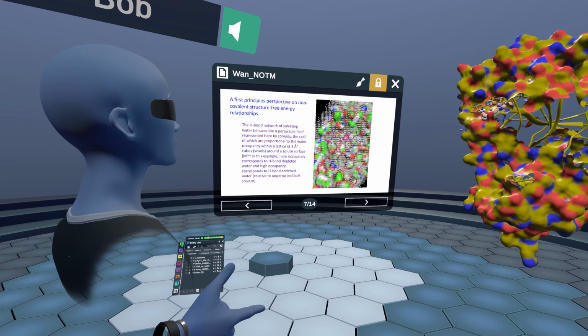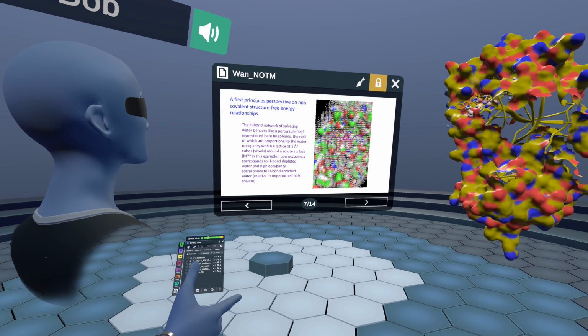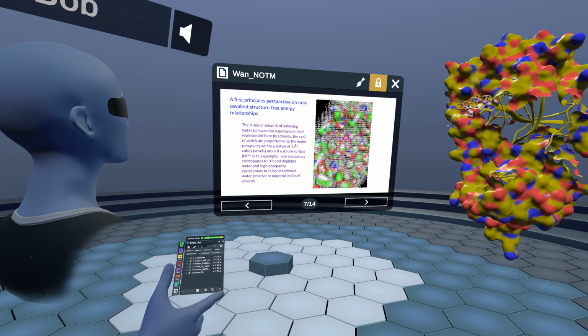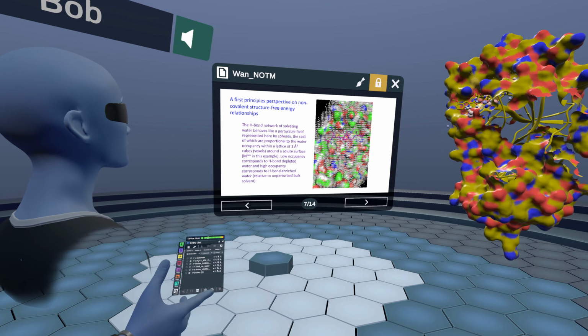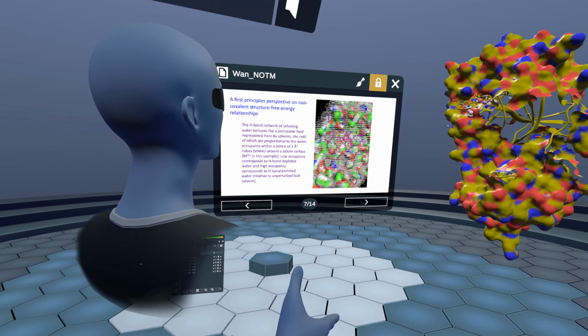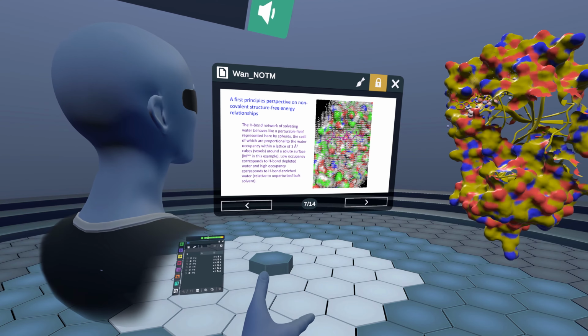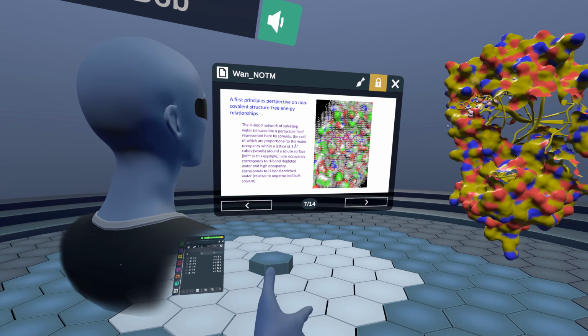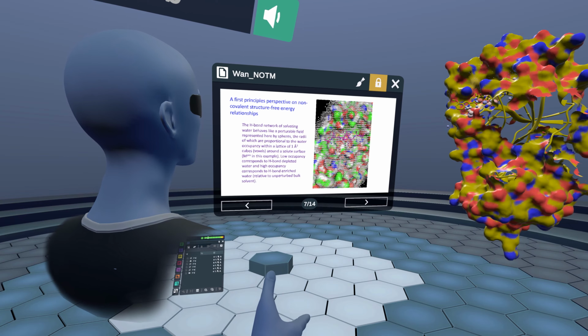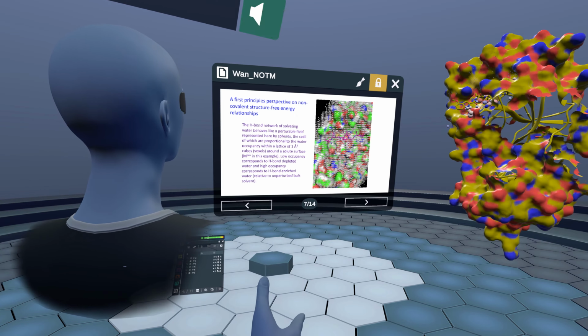So again, this is first principles. The ideas that we're talking about here are not about measuring anything and fitting data to build models. This is all with the underlying assumption that the lion's share of non-covalent free energy is stored in solvating water.